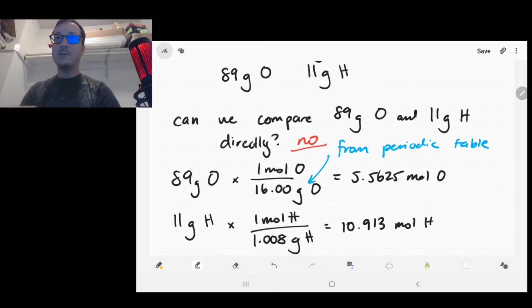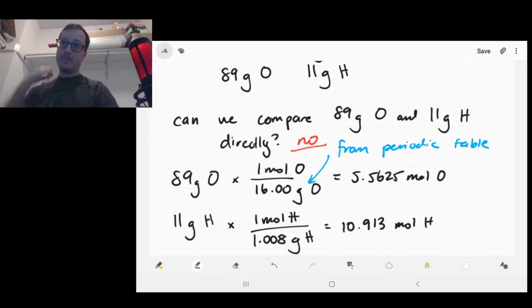I know I'm rounding these, but we're going to see it doesn't matter because these aren't measurements. We're not going to be coming up with numbers at the end, or the numbers that we are coming up with are integers. So I don't have to worry about that. With these now, this tells us that for every 5.5, we'll say, moles of oxygen, we have roughly 11 moles of hydrogen. Just looking at those numbers as is.